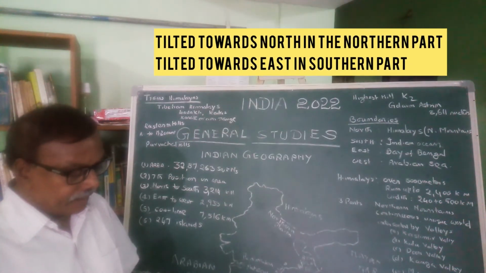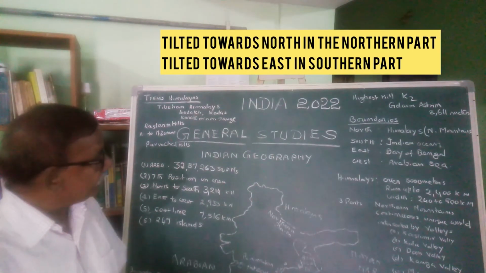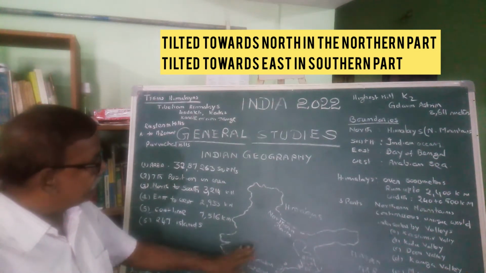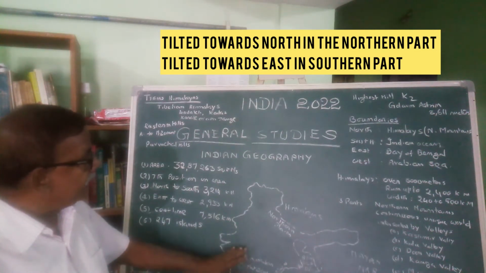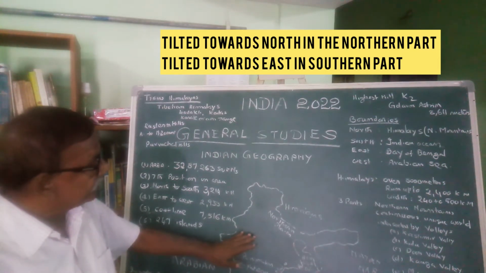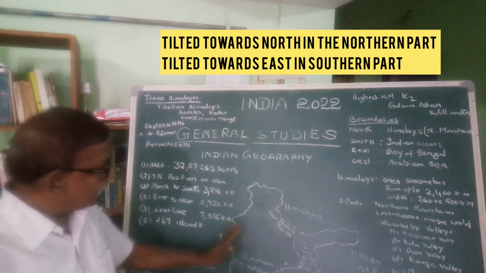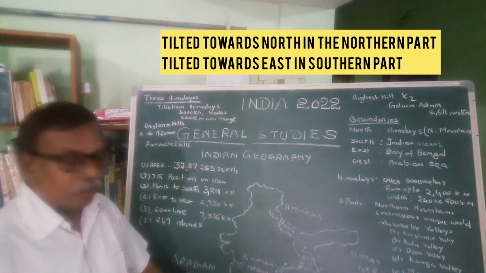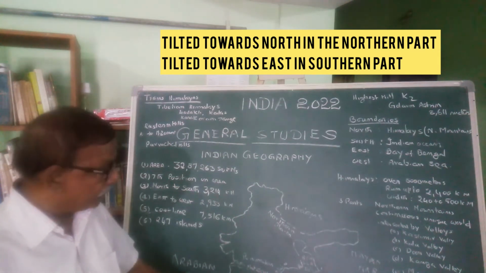And in the northern side, at about the Gujarat plains, it is slightly tilted northwards, and the total peninsular plain is tilted in the last regions, that is the southern region, towards the east.